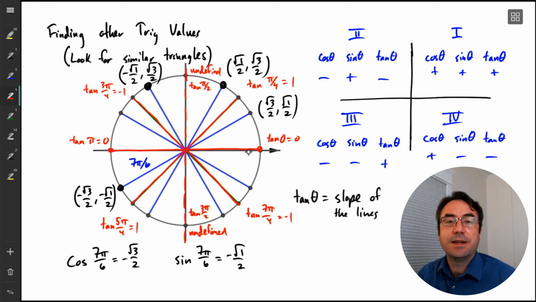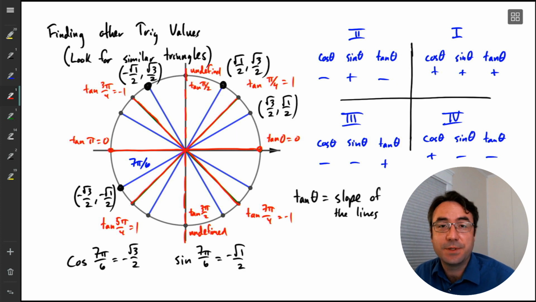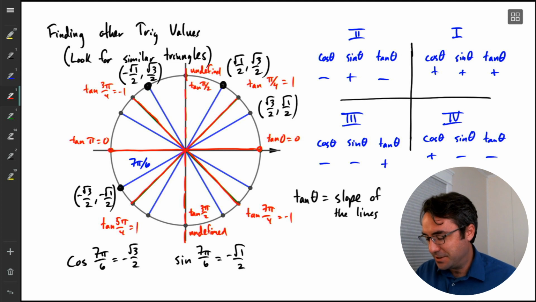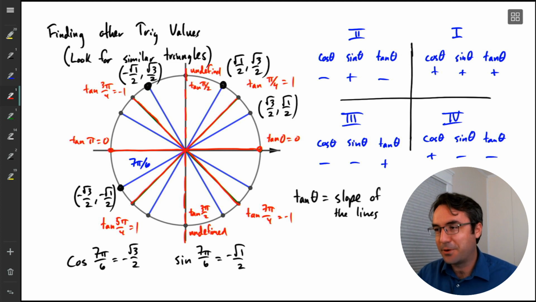So for the horizontal line, the slope is 0, so tangent is 0. For these lines where y is equal to x, that's where tangent at pi over 4 is equal to 1, or in the other direction, it's negative 1. And when it's a vertical line, tangent is undefined because the slope is undefined. All right, so just some practice there, remembering how to evaluate trig functions.